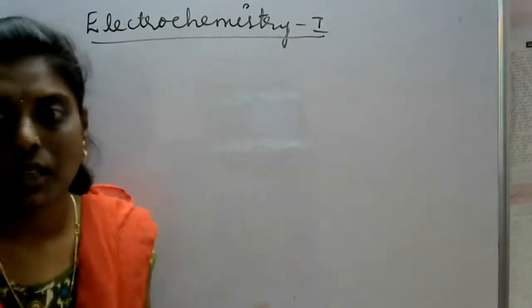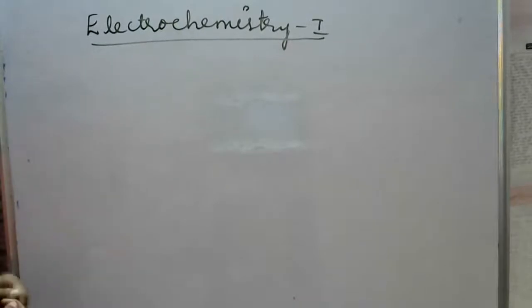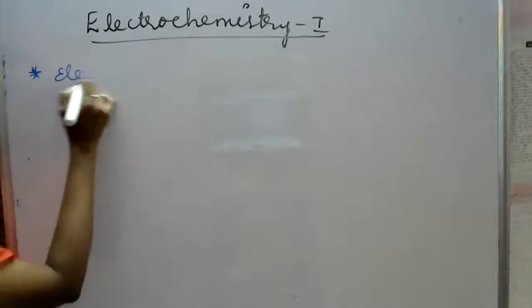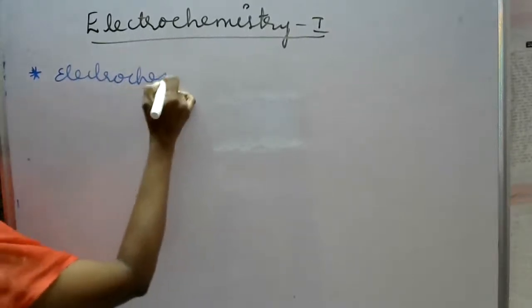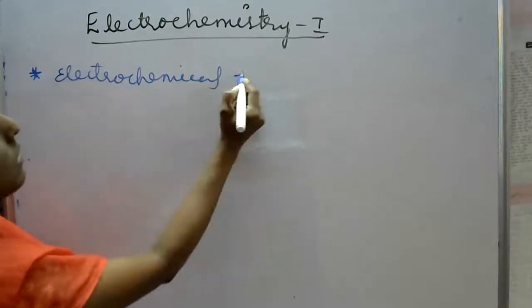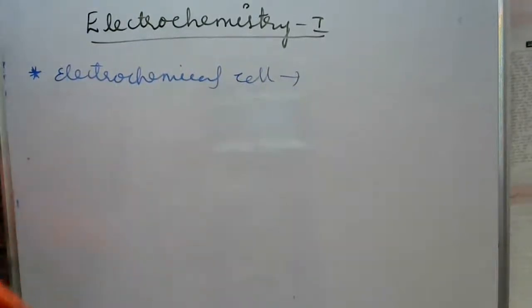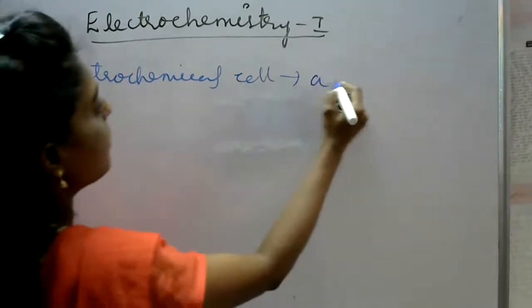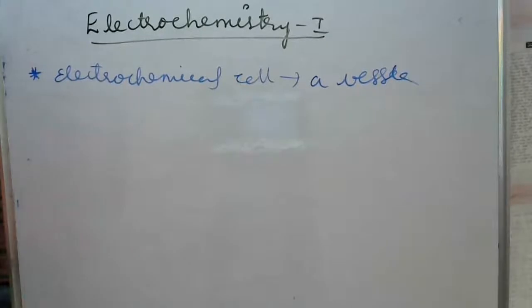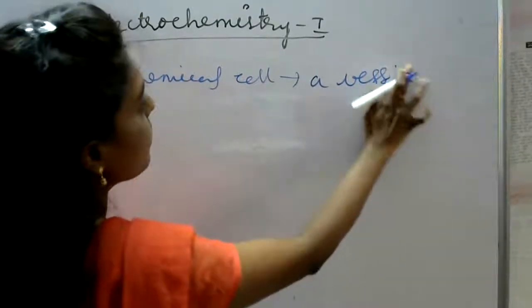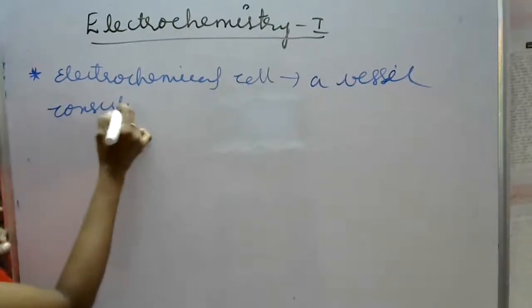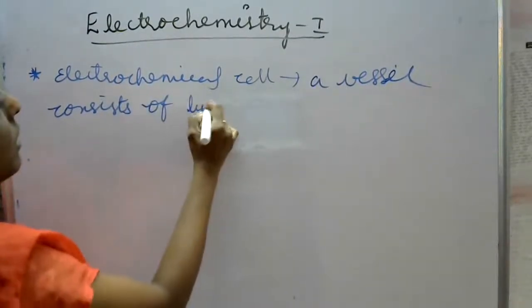So what is an electrochemical cell? An electrochemical cell is a vessel. It consists of two electrodes and electrolytes.